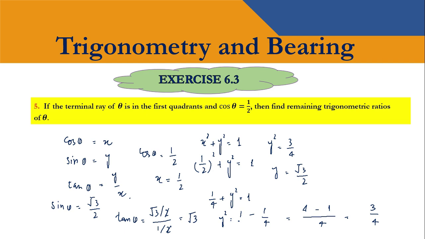As cos theta is equals to 1 over 2, secant theta is equals to 2, the reciprocal of cos theta, and cosecant theta is the reciprocal of sin theta, which is 2 over under root 3, and cot theta is the reciprocal of tan theta, which is 1 over under root 3. So in this way all the values will be calculated.